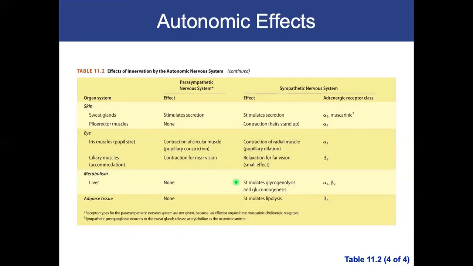So you're actually going to break down glycogen into glucose so that blood sugar goes up, and you're going to make glucose from fats and proteins as well when you're going through a fight or flight type of response. And then adipose tissue stimulates breaking down of adipocytes or of fat and fatty acids so that you can use it for fuel.